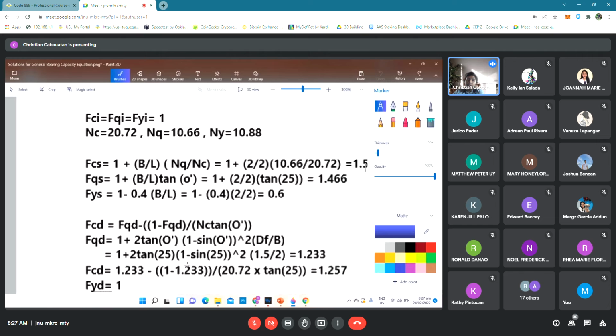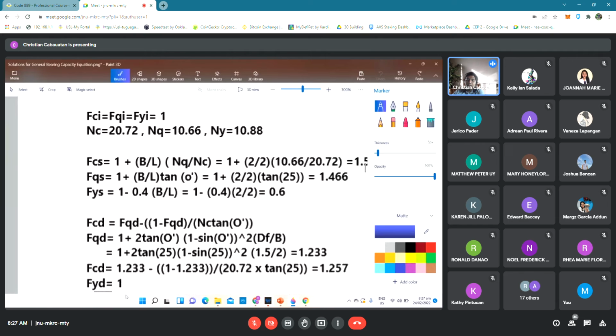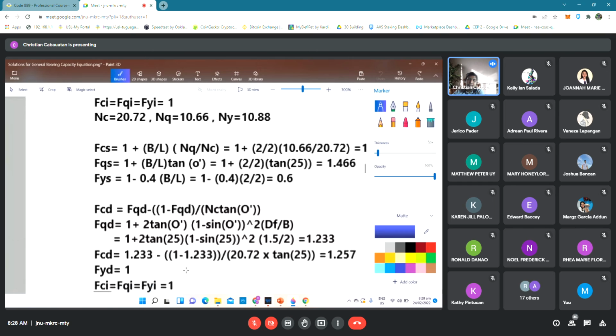And then FGD, it is equal to 1. Then FCI, FQI, and F gamma I are also equal to 1, because the inclination is not stated in the problem.